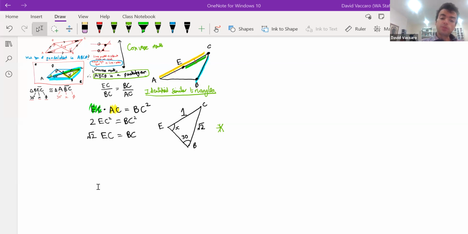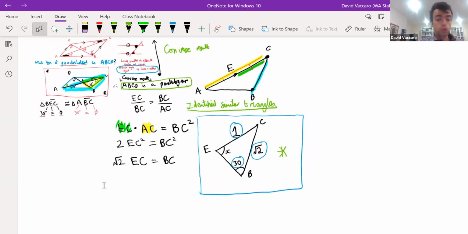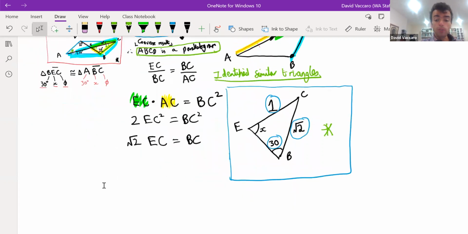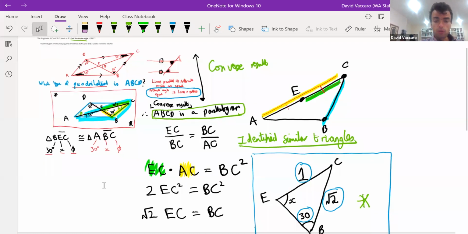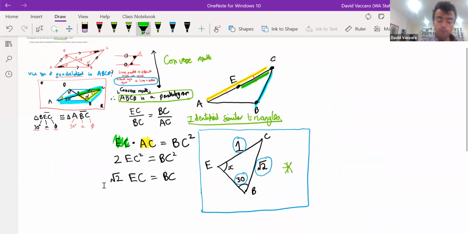Now that we've reached this point, where we've got a known angle and 2 sides, is there any result from geometry that will help us find this angle X, which is our ultimate goal?